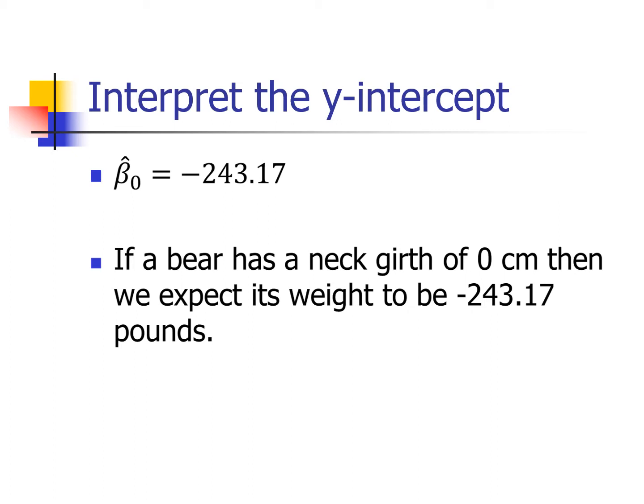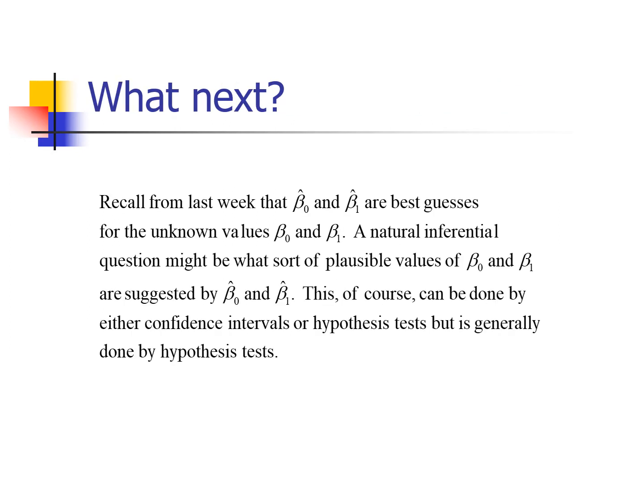Did it get sucked into some sort of black hole into a negative dimension? Well, no, not really. It just doesn't make sense for a bear to have a neck girth of 0. And so, not surprisingly, the y value associated with that is also nonsensical. Easy enough, right?